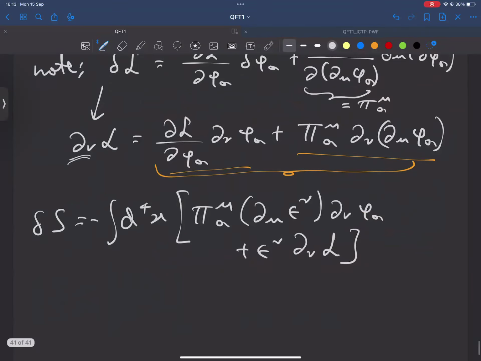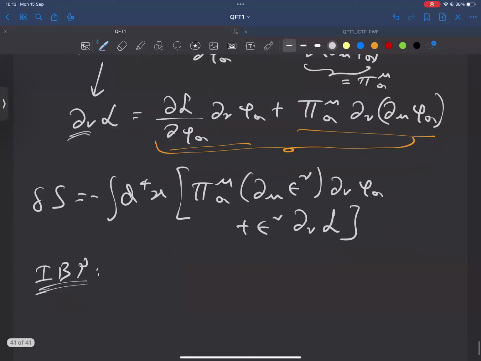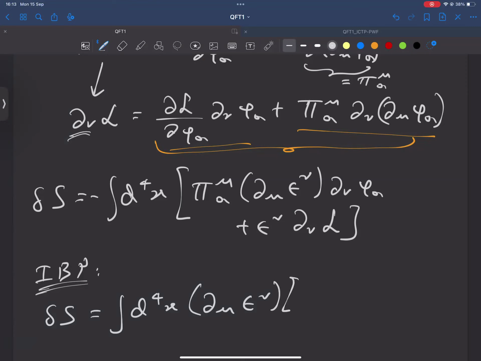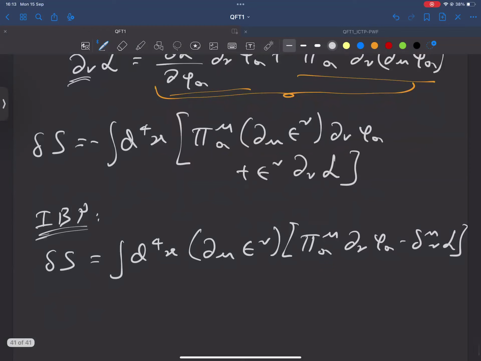So now we can do again our favorite integration by parts and throw away all total derivative terms to write this as this quantity, epsilon nu. And as before, we will say that anything that is proportional to the derivative of the symmetry parameter will be called a current.